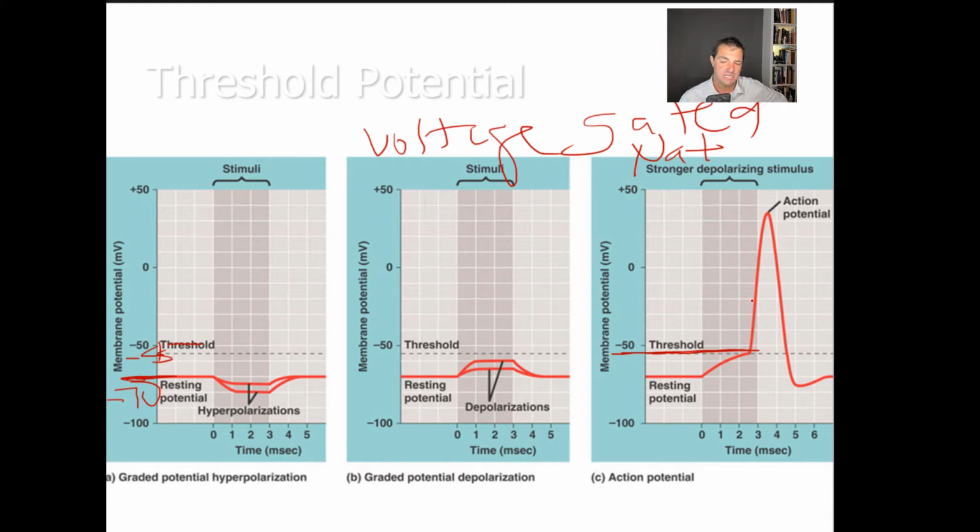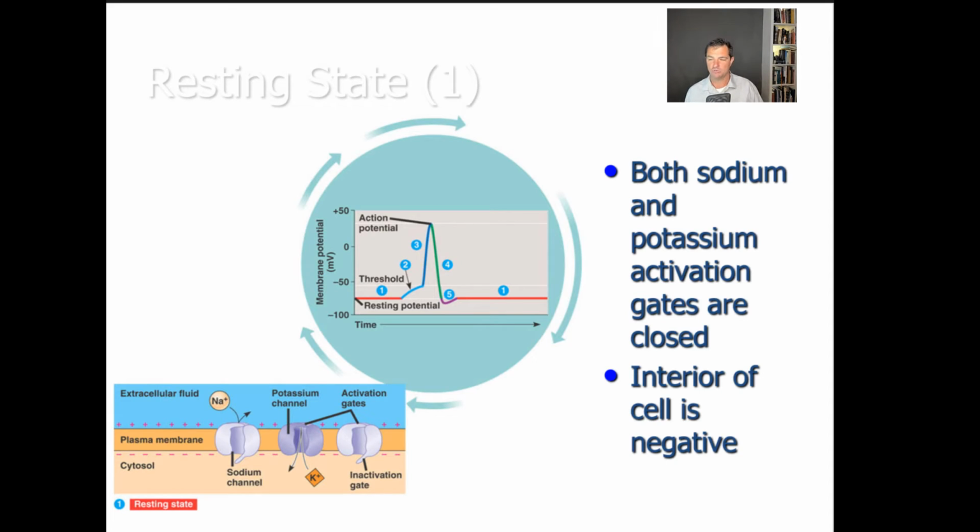And because you pumped so much sodium out and the inside of the neuron is negative, you have sodium being drawn in. It's rushing into the cell. It's not only the concentration gradient difference, but it's also electrically pulled into the cell. And so very, very quickly, in a matter of milliseconds, you get this action potential, and then it resets and you end up back where you were.